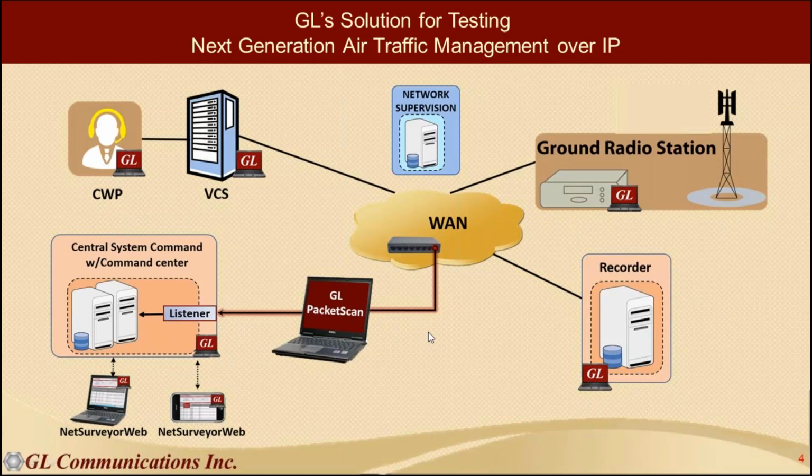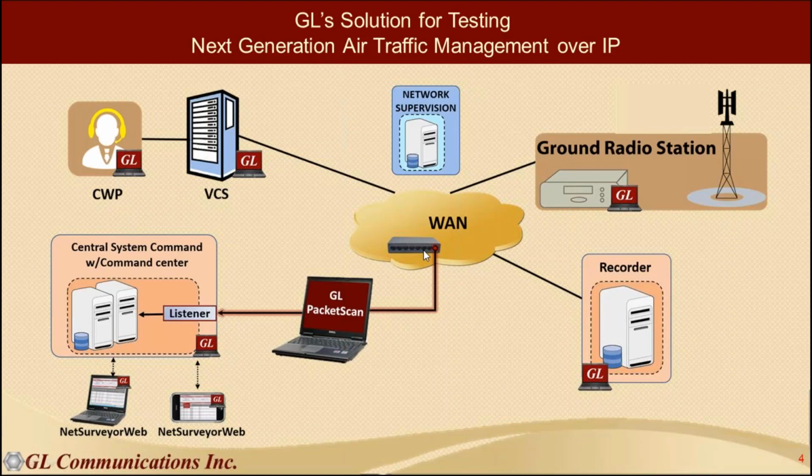So Packet Scan can capture all the IP traffic in the ATC network non-intrusively, through the mirror port in the network, and it can measure voice quality metrics like MOS, packet loss, jitter, delay in the network on each and every captured call. Optionally, Packet Scan can also act as a probe and send call records to a central database.